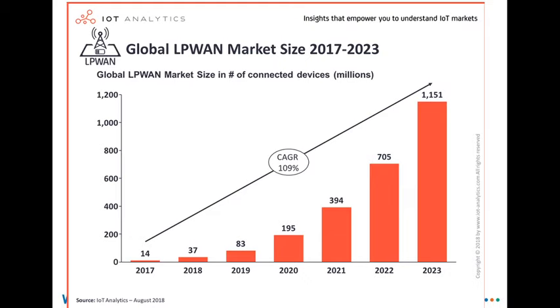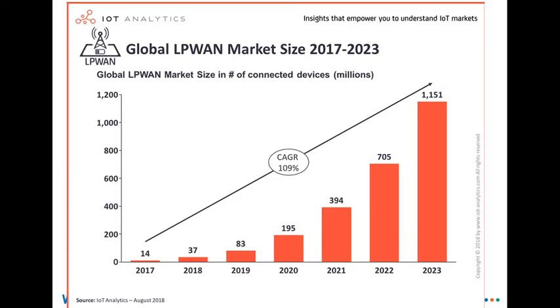Regarding the global market size, in terms of the number of connected LPWAN devices: if more devices can connect to the LPWAN network, it means more revenue behind it. Now is the right time to join the supply chain.